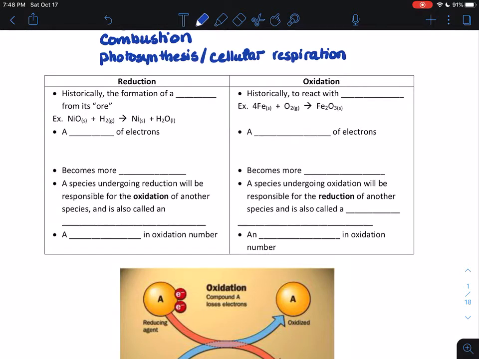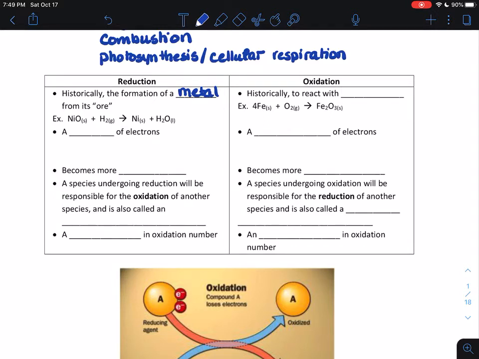And basically, these terms came from the processing of metals, so metal ores, and also from rusting. So you're going to see that, when we describe what these words are, that's where it comes from. So historically, reduction was the formation of a metal from its ore. So when you mine for a metal, you start off with an incredibly large volume of ore that has the metal in it.